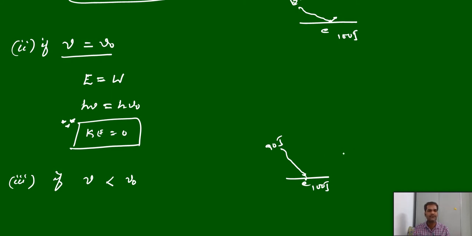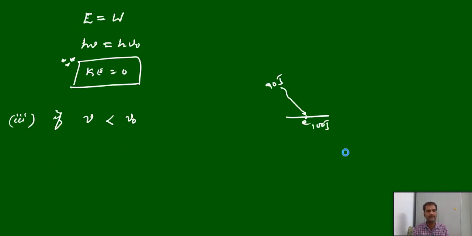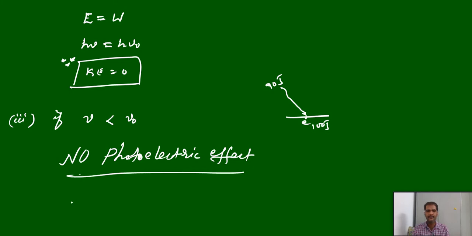So here no photoelectric effect. You cannot eject the electron. If there is no ejection of electron, it is not a phenomenon of photoelectric effect. So if the supplied energy or the incident radiation frequency is less than the threshold frequency, in that case no photoelectric effect. Here we cannot find any photoelectric effect phenomena.